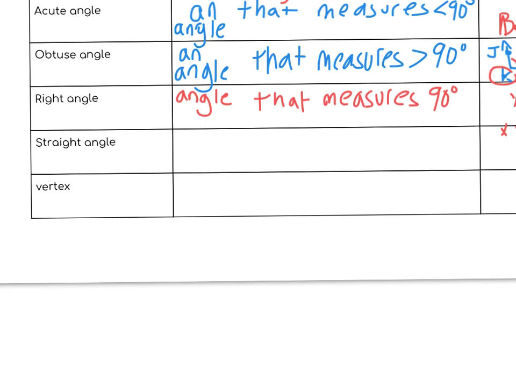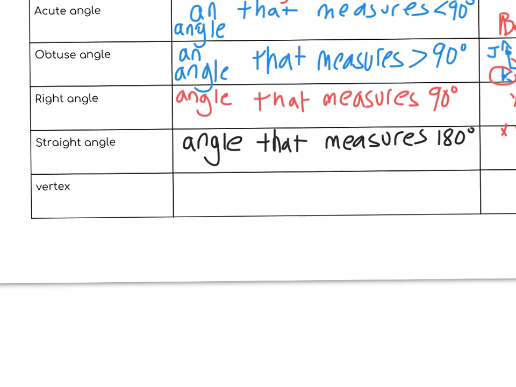And the last type of angle we're going to look at here is called a straight angle, although we also have these lovely things called reflex angles. And here we're talking about an angle that measures exactly 180 degrees. You might also recognize that this is the same thing as opposite rays.